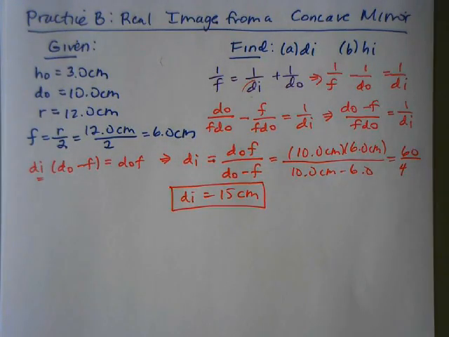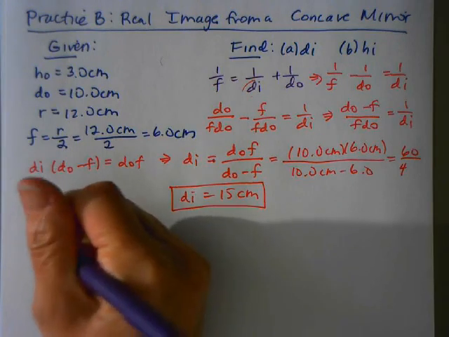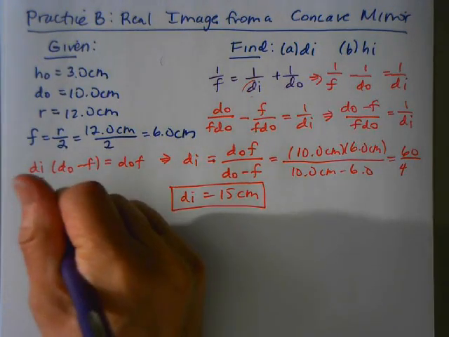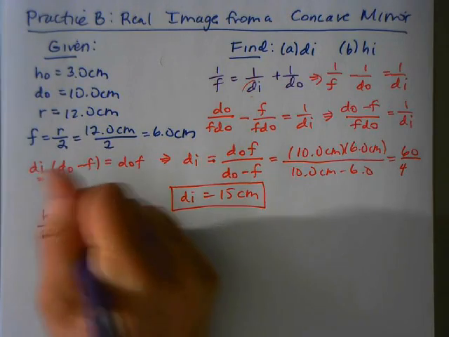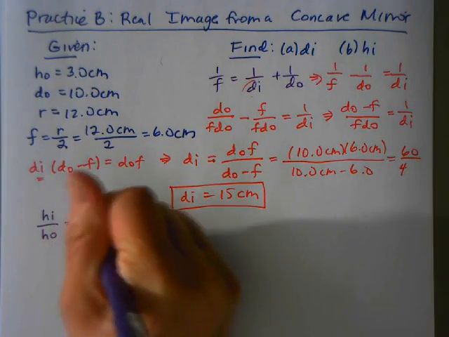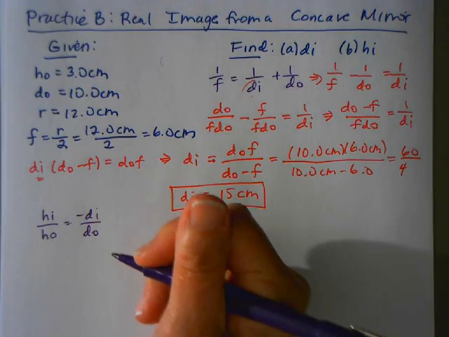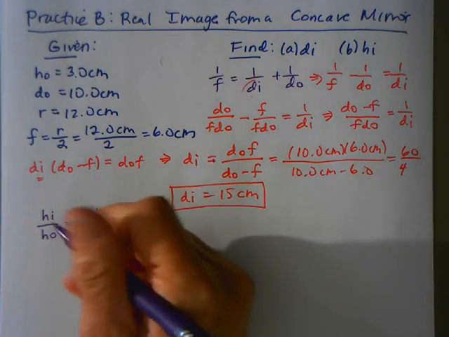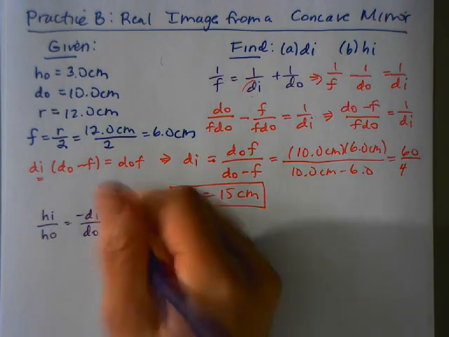For the next part, part B, now I'm going to use my equation, and it's kind of like hi-ho, di-do, so it's HI over HO is equal to negative DI over DO. I want to solve for HI, so again, I'm going to just multiply.